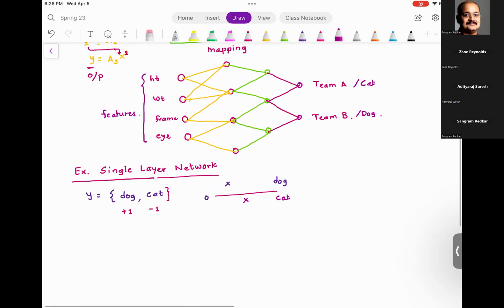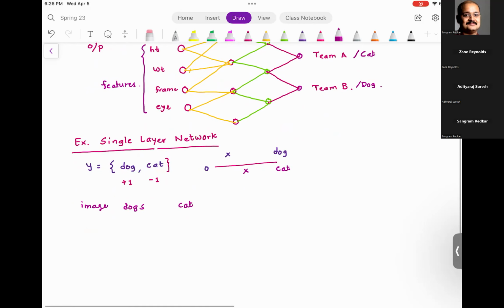Now imagine that we have all the images for dogs and cats, and each image is like a matrix.